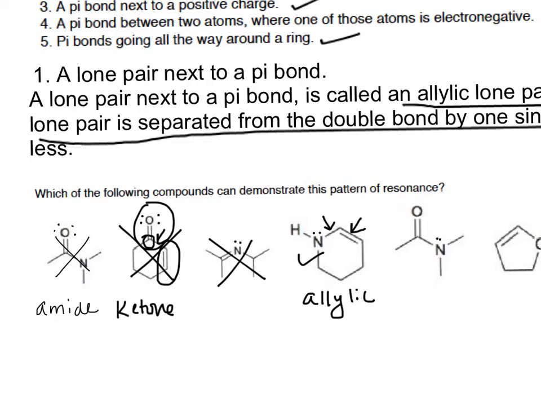Here we come back to the amide, and in the first structure I did not draw in the lone pair on the nitrogen. Again though, if we now look at that nitrogen, here the lone pair is adjacent to this pi bond, so this is an allylic lone pair because there's one single bond.